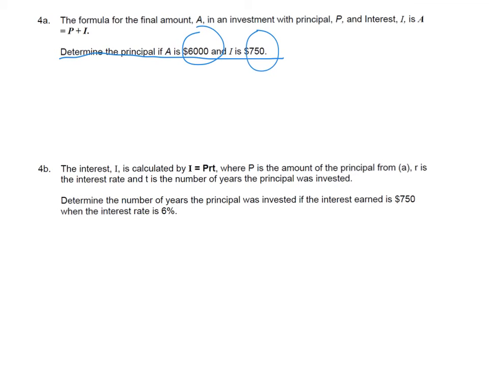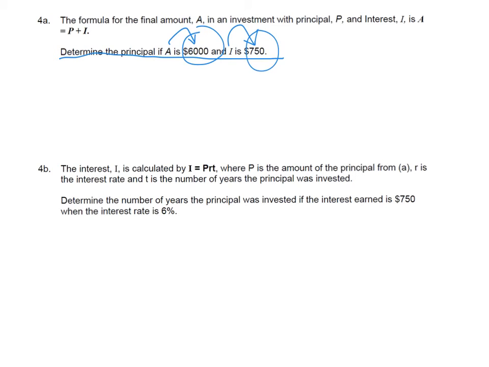It's always a good idea to link the numbers to the variables that they represent. So in this case, A is 6,000 and I is 750. Now I need to write out the equation substituting these values in.